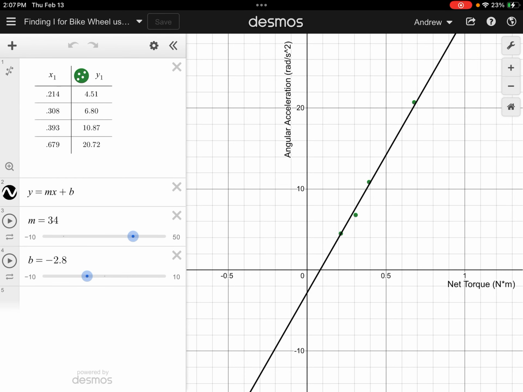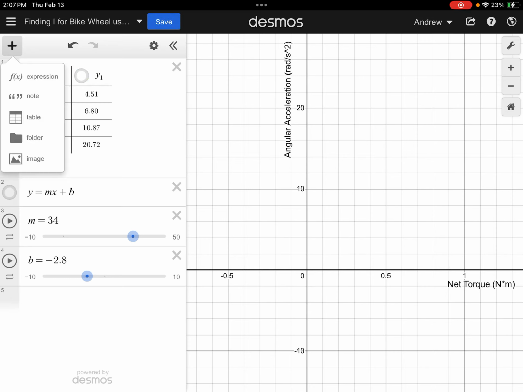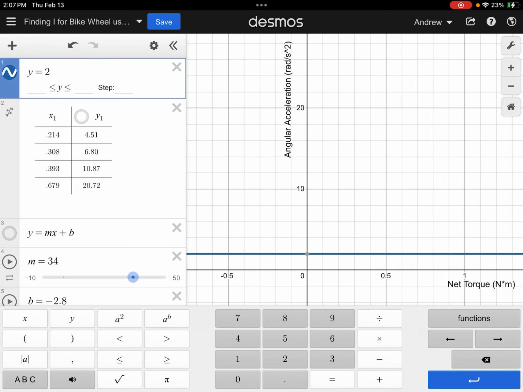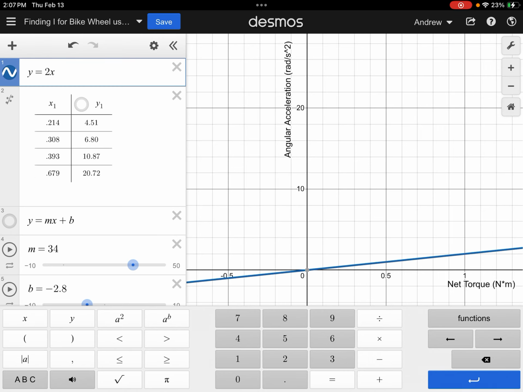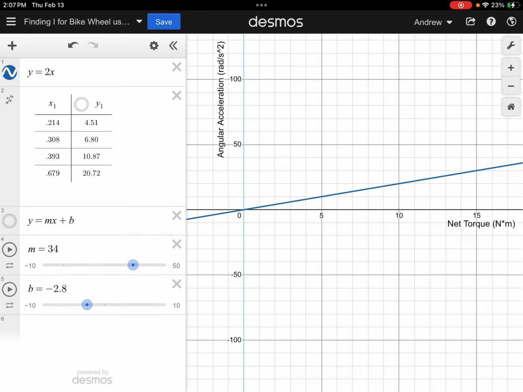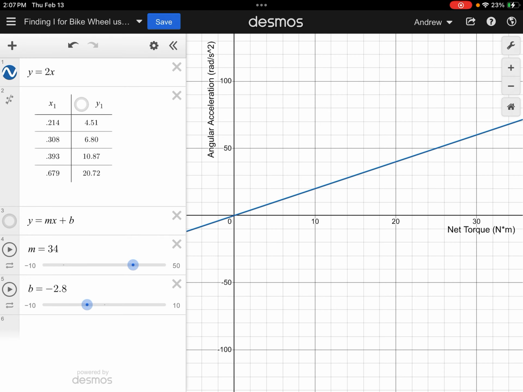We'll turn off this graph for a second, and we'll just make a new equation. y equals 2x. Okay, and I'll zoom out, and I'll stretch it. So that's y equals 2x. Now, notice the intercept is 0, 0.